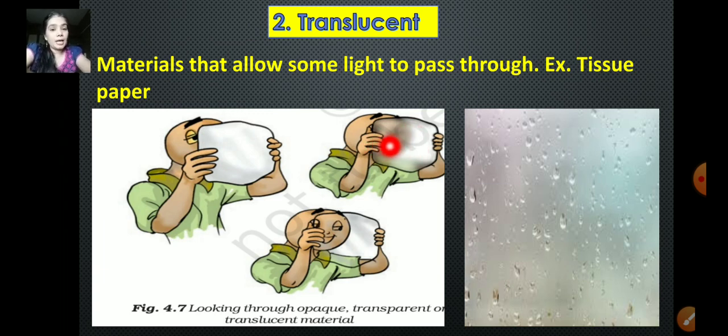So what is translucent? Materials that allow some light to pass through, only some light, not very clearly. Examples are tissue paper or oiled patch paper, right?